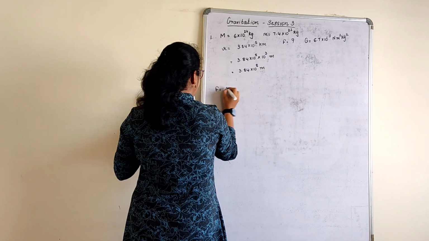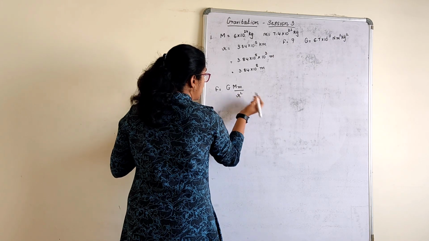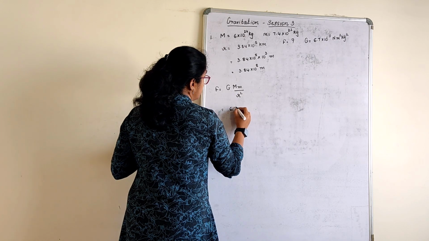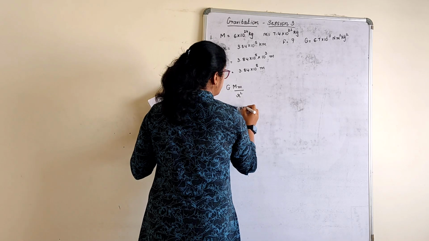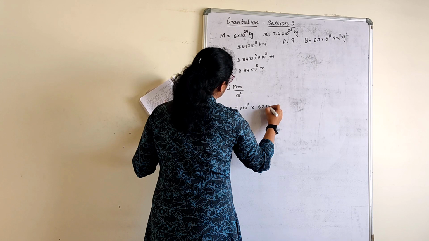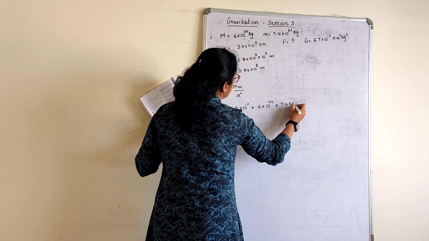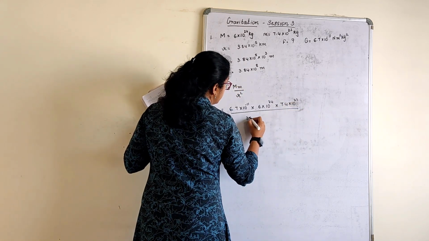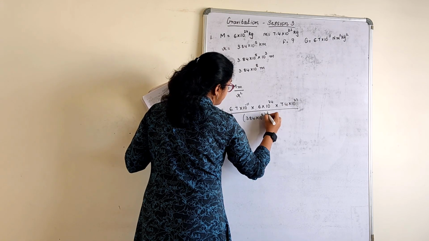So we know the formula F is equal to G M upon R square. Substitute and find. So 6.7 into 10 raised to minus 11 into 6 into 10 raised to 24 into 7.4 into 10 raised to 22, whole divided by 3.84 into 10 raised to 8 whole square.